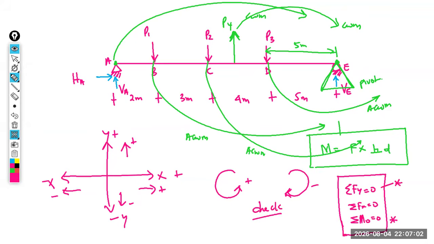So doing the right analysis is very crucial, and make sure your analysis is checked. So I think that I've been able to help you determine how to know whether the moment is clockwise, how to know it's anti-clockwise, and so forth. This is the first step in the approach of calculating support reactions.